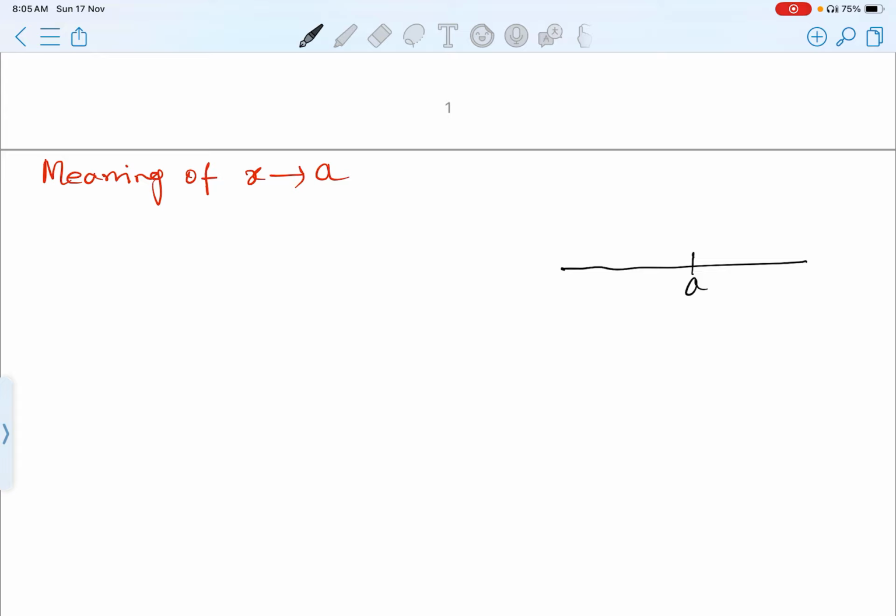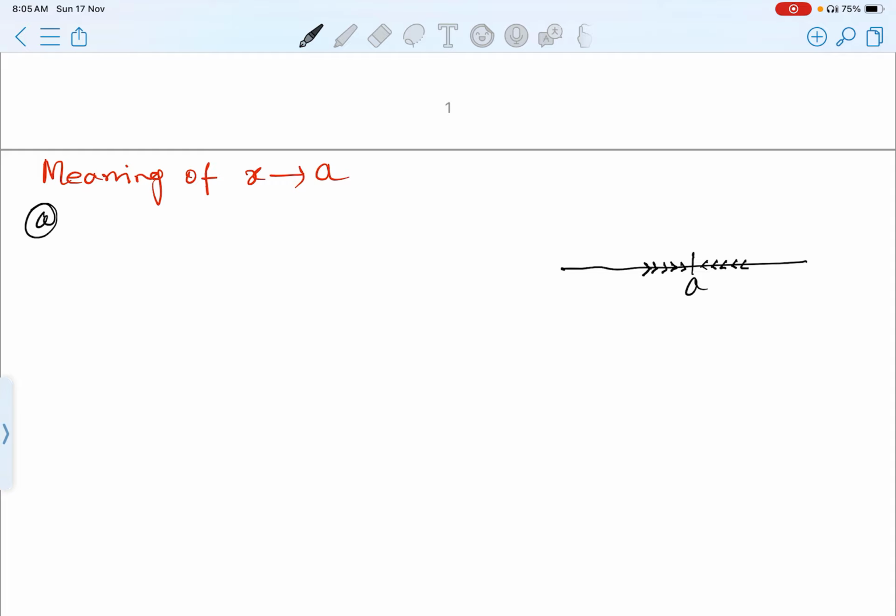Tending to a means how to approach. We can choose either this path to reach a, or we can choose this path to reach a. That means we can go to a from the right side, and also we can reach a from the left side. Clear?